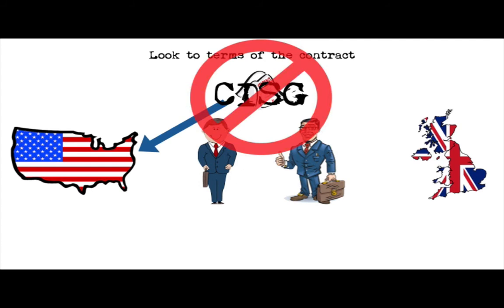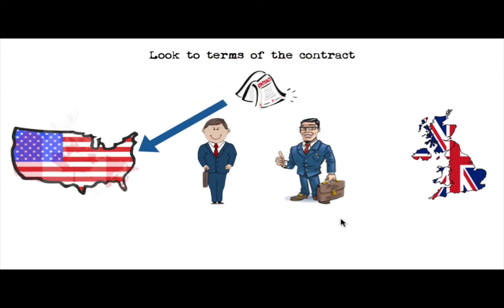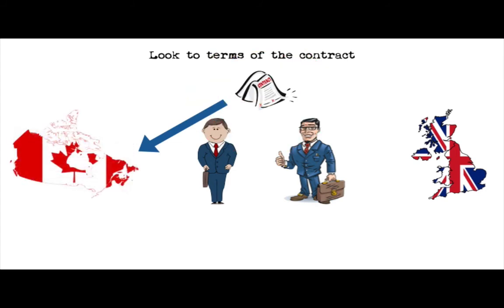But let's tweak our facts one last time, and let's say that our friend on the left here is not from the United States, rather he's from Canada. Now Canada is a member of the CISG, and it does not have the same reservation in its treaty.